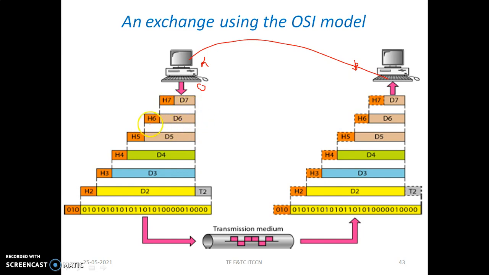So here again it will add its own details relevant to the 6th layer, based upon the protocols defined for layer 6. Now this whole packet at the 6th layer acts as one packet and is carried as it is by D5. So D5 is the data at the 5th layer.